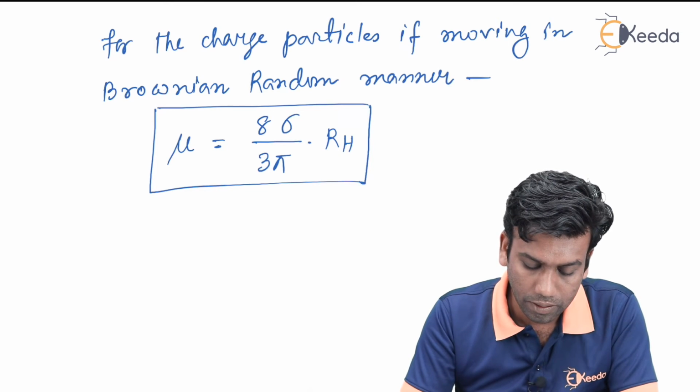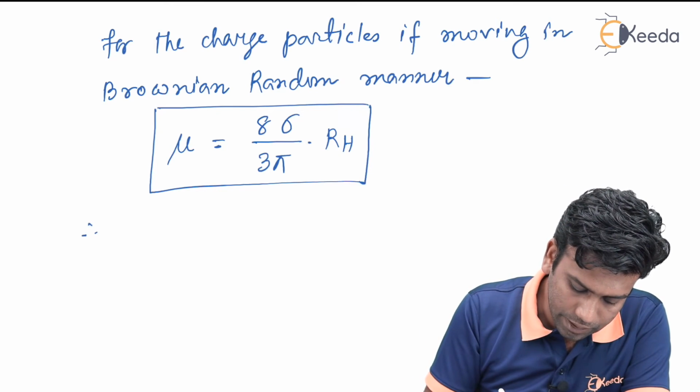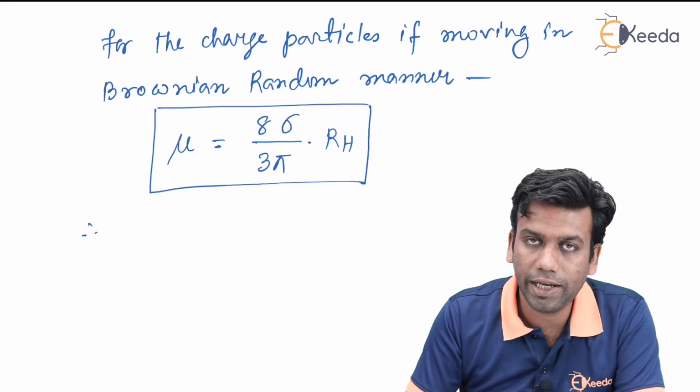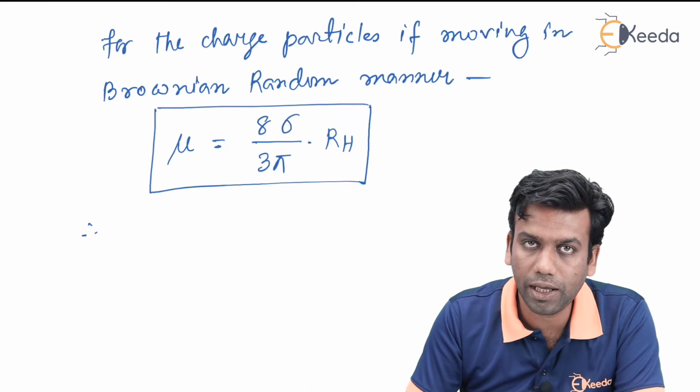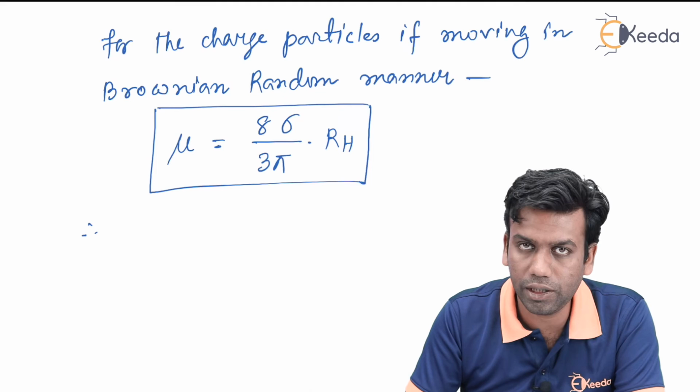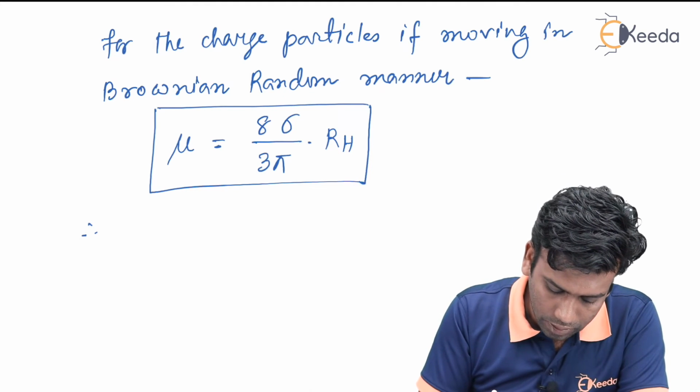So, we have seen already that for the n-type and the p-type material, the Hall voltage polarity will be changed.